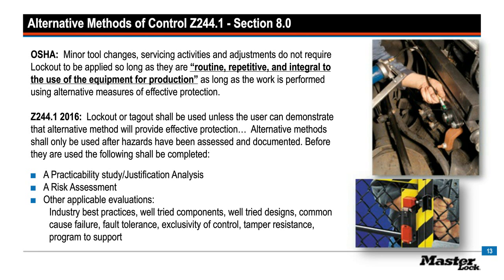Now, OSHA says, as a reminder, that routine and repetitive jobs integral to the use of equipment for production qualify for alternative methods as long as we get the same level of effective protection as lockout.